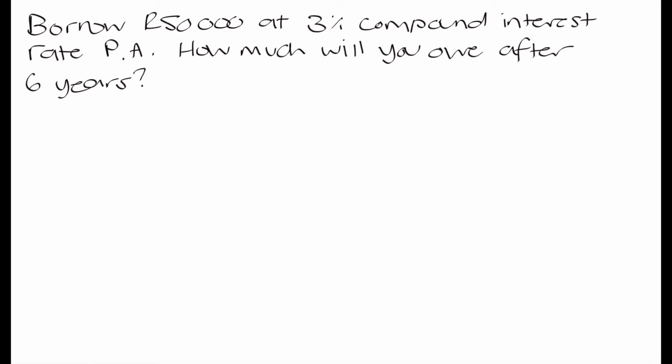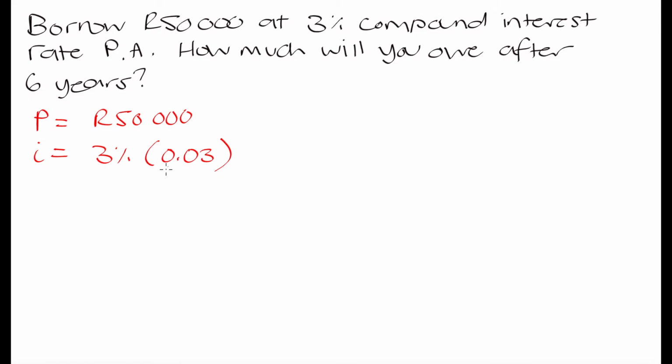So let's start out again by writing down what we know in this question. We know that our principal, that's the initial amount of money that we borrowed, is 50,000 Rand. We know that our interest rate is going to be 3% compound interest per year, and 3% can be expressed as a decimal as 0.03.